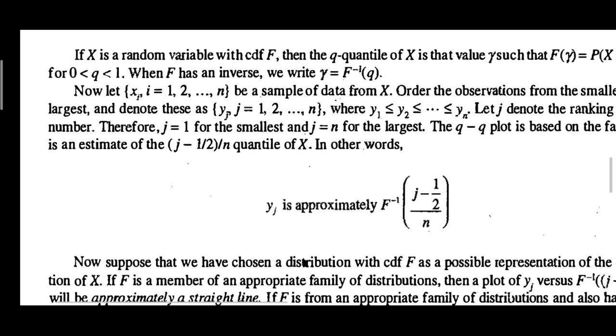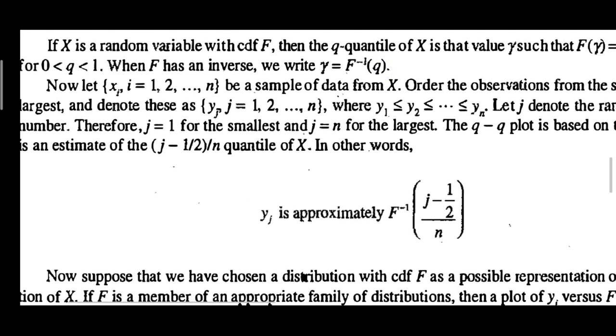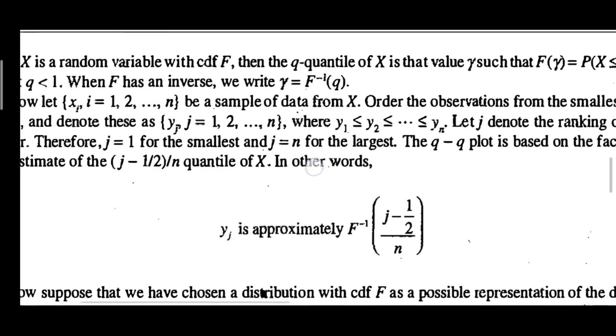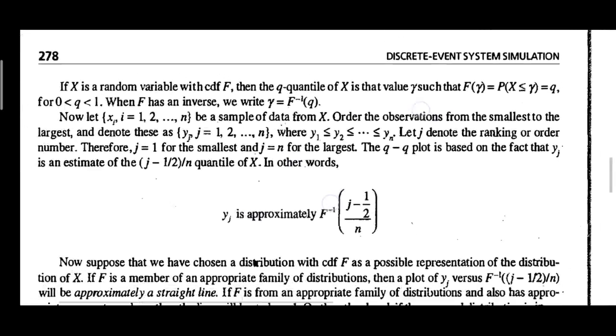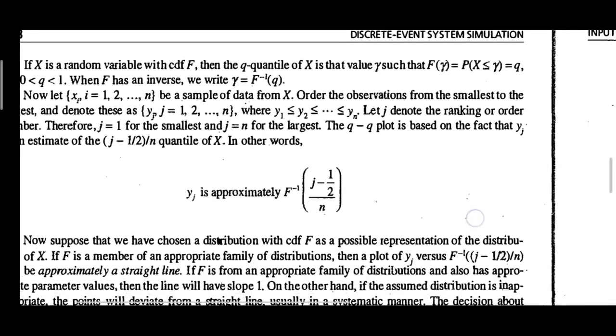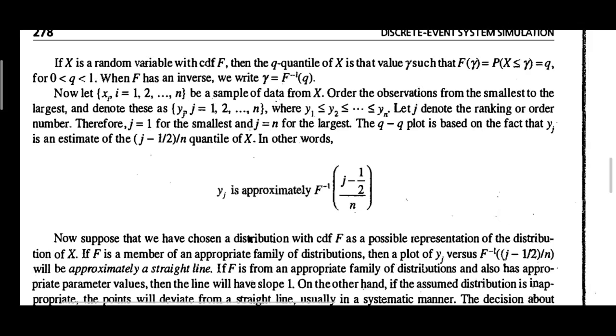Now let xi, where i ranges from 1 to n, the number of samples, be a sample of the data from x, the CDF. Order the observations from the smallest to the largest. This is required, earlier also we have done it. Ordering of the data, arranging the data in ascending order, smallest to largest, and after ordering mark it as yj.